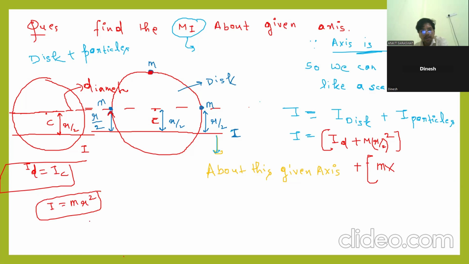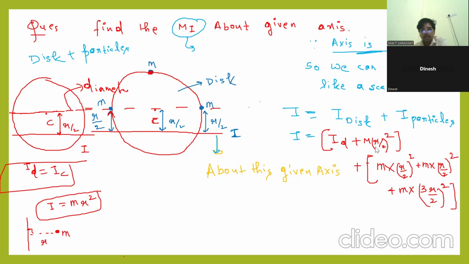What is r? r is the perpendicular distance of a point mass from the axis of rotation. For the first particle it is R by 2. For the second, R plus R by 2. For the third, 3R by 2. Now please solve this and give me the answer.